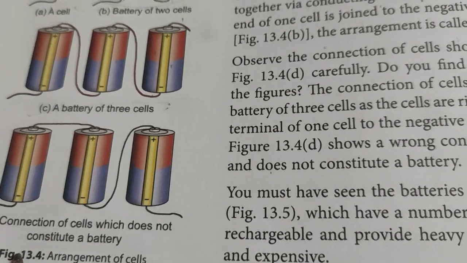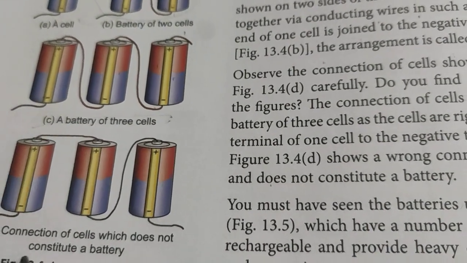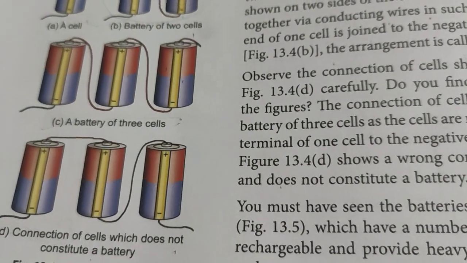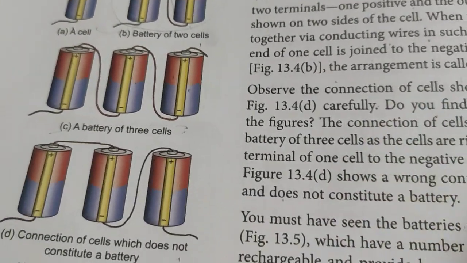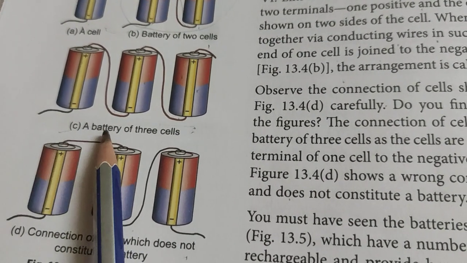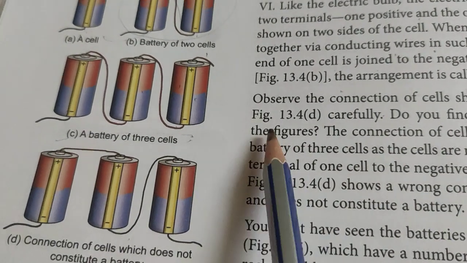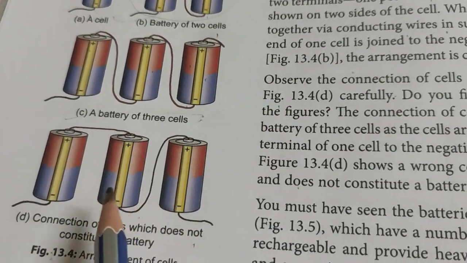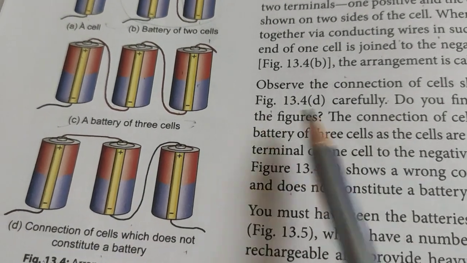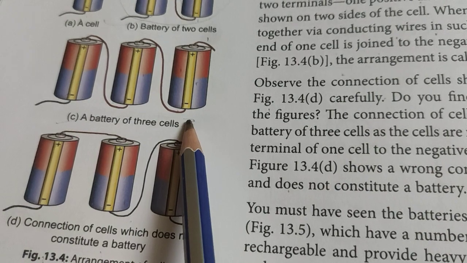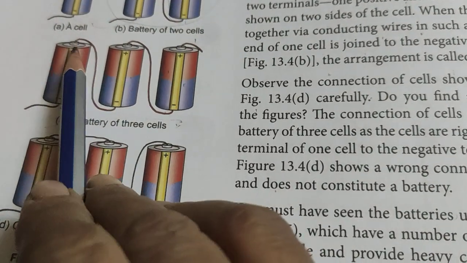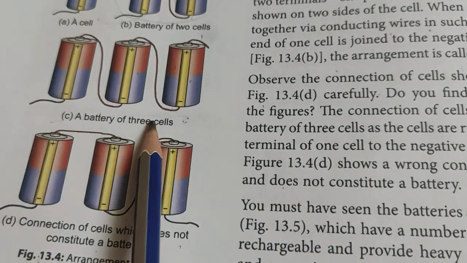Now this one is a connection of cells which does not constitute a battery. Observe the connections shown in 13.4 C and 13.4 D. 13.4 C makes a battery of three cells, because it is connected from positive to negative.